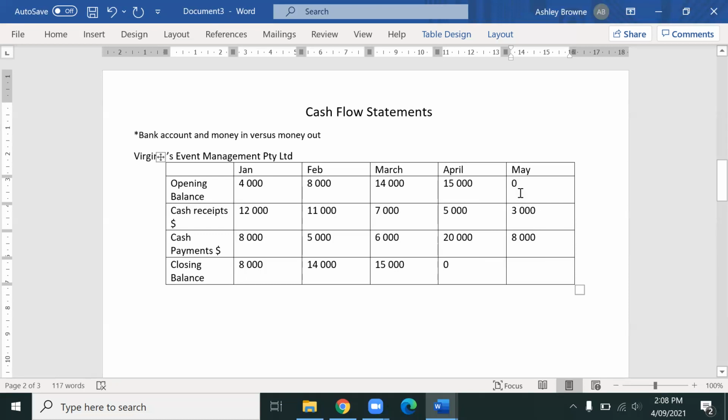If you've got $0 in your bank account and you get 3 grand in during May, that's $3,000. But you're now losing $8,000 coming out of the bank. So 3 minus 8 is minus, and often we do brackets for minus. Minus $5,000.